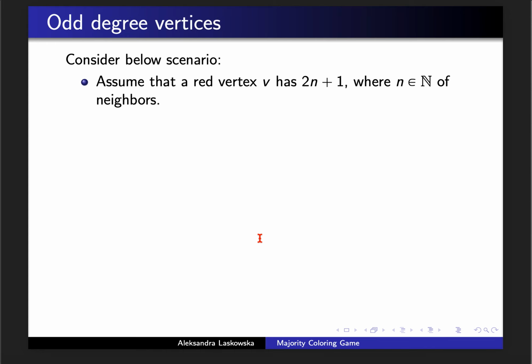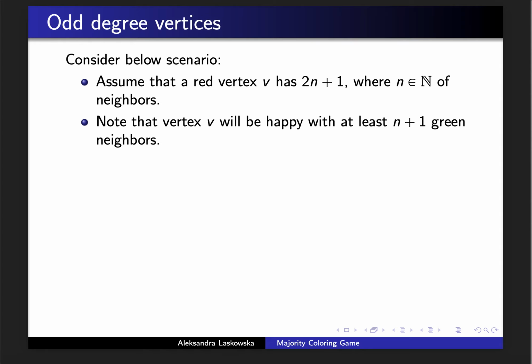Okay, now what is also interesting is that it gets more difficult to win if there are many adjacent vertices with odd degree. And to understand what I mean, let's consider this scenario. So let's say there is a red vertex V, and that has an odd number of neighbors.